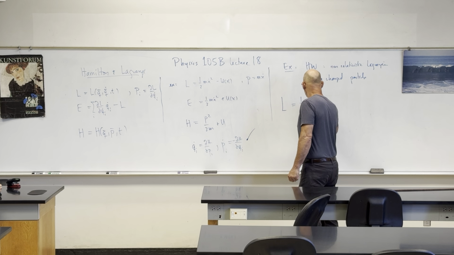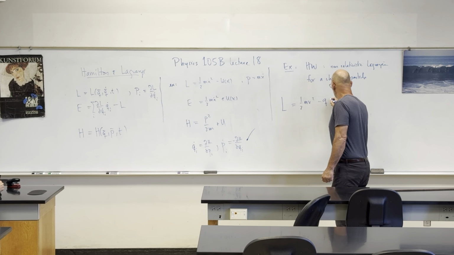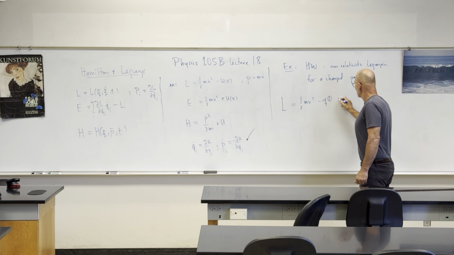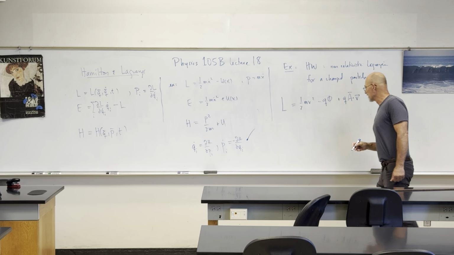One half m v squared minus q times phi plus q A dot v.